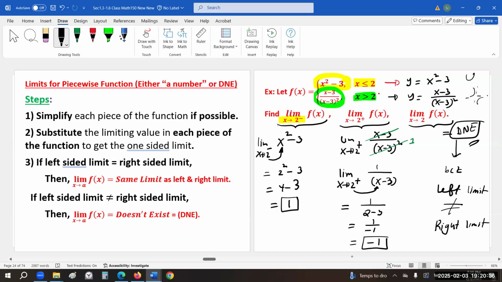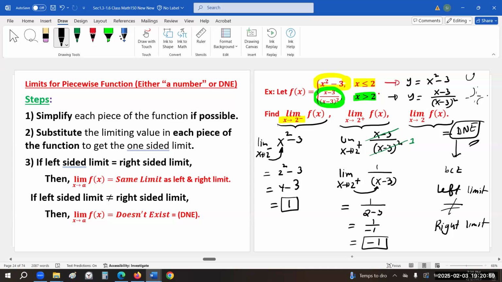If they are not the same, the limit doesn't exist. So the difference between the vertical asymptote example and a piecewise function is that a vertical asymptote will always give you infinity or DNE, but a piecewise function will give you a number or DNE. So here the one-sided limits were numbers and the exact limit doesn't exist.